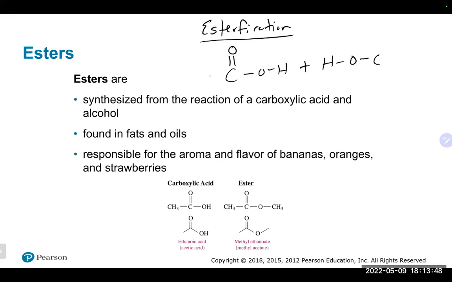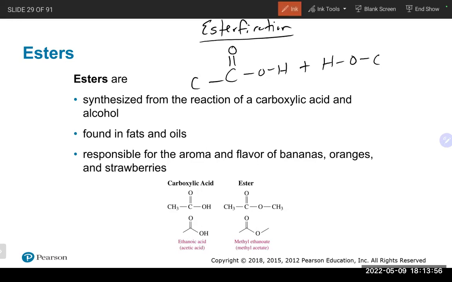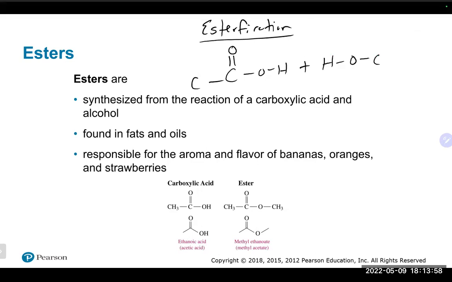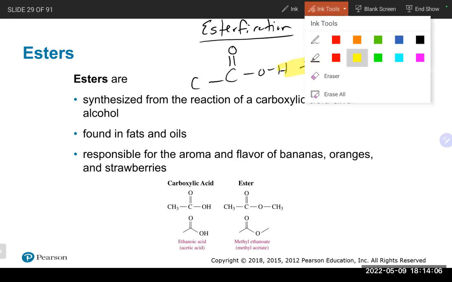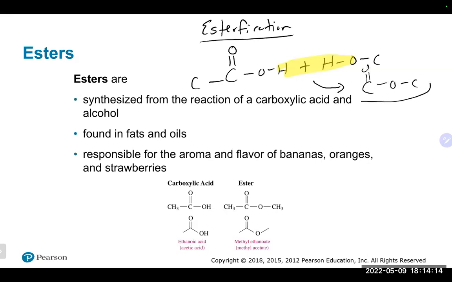The main part of this reaction is that we grab out water and then squeeze everybody else together. So water comes out, everybody is squeezed together, and you get this ester functional group.